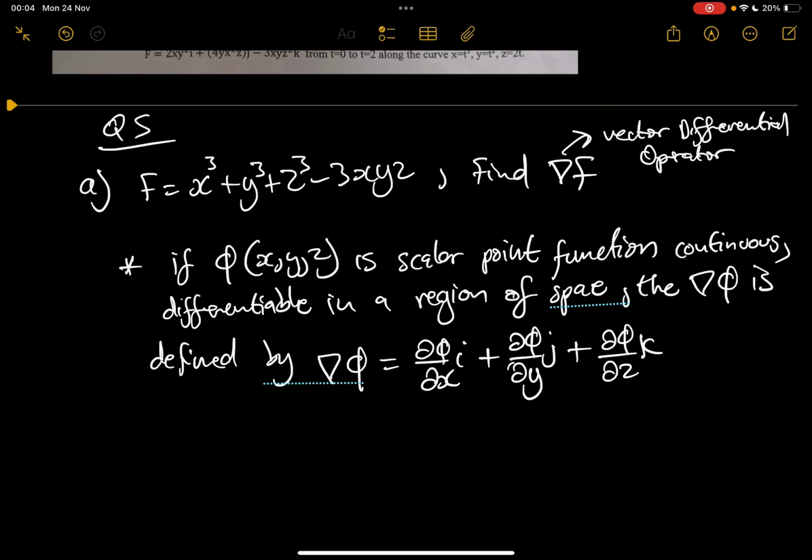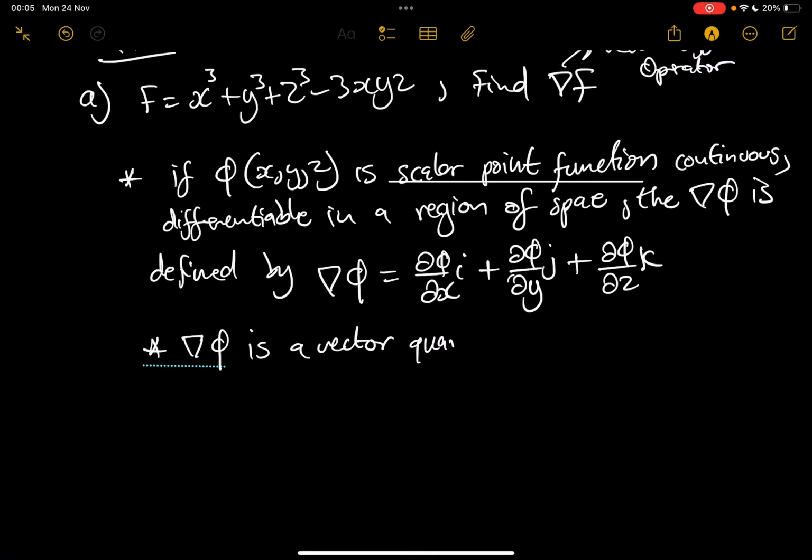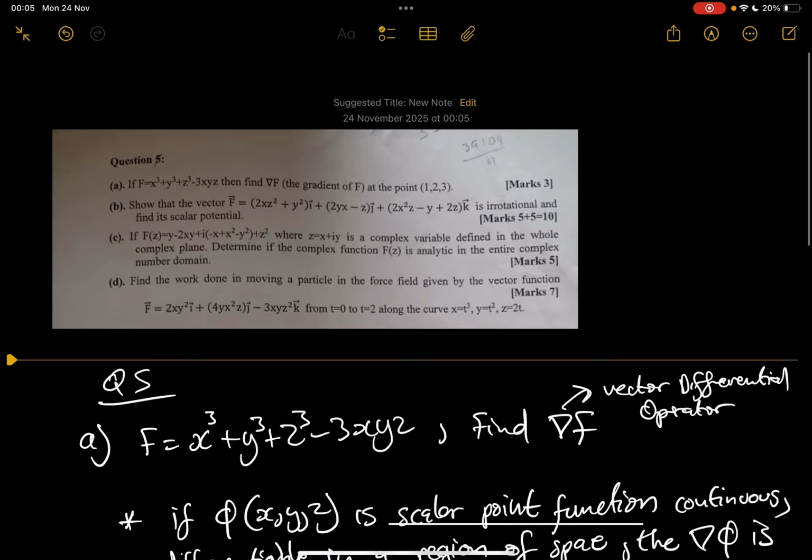So that's basically it. What you have to understand is that we are evaluating a scalar point function. Once we've evaluated the scalar point function using the del operator, we expect to get a vector quantity, which means del phi is a vector quantity. That's why here we have the unit vectors.